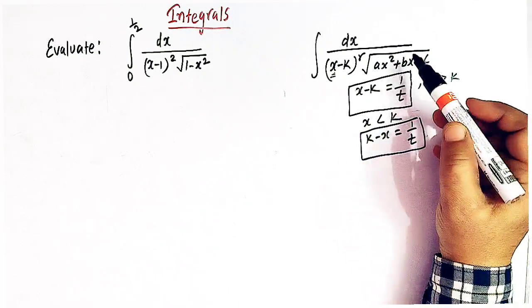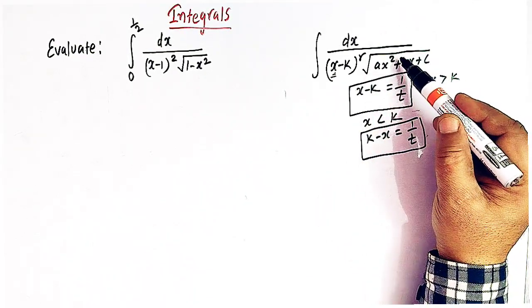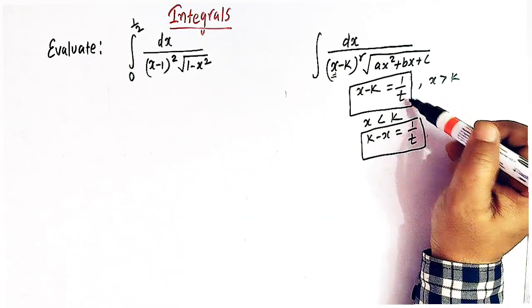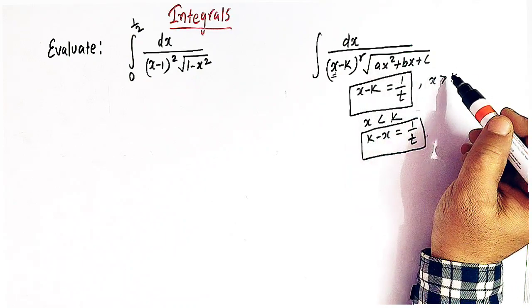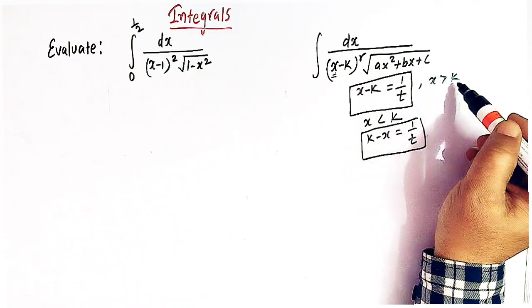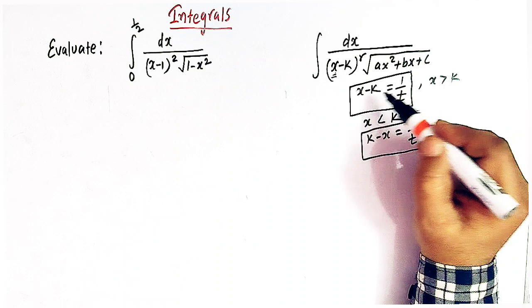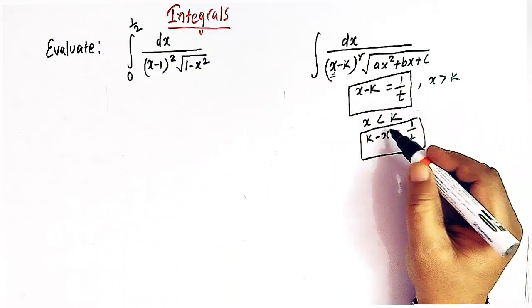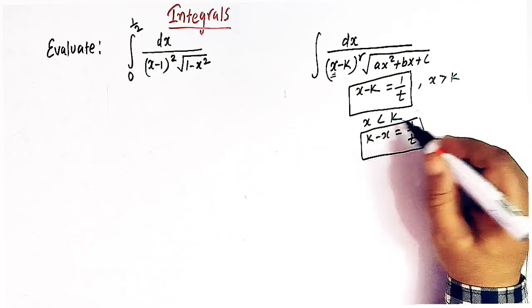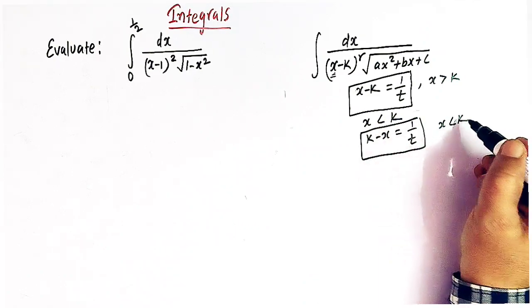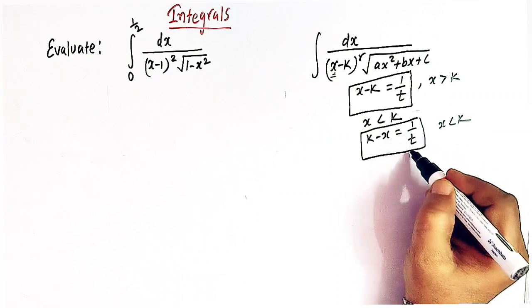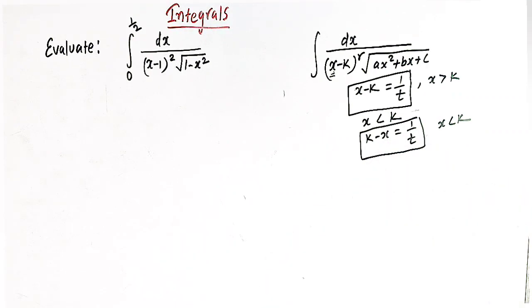So to solve these type of indefinite integrals, we take these two types of substitution depending upon the relationship between x and k. When x is greater than k, we take x minus k is equal to 1 over t, and when x is less than k, we take k minus x is equal to 1 over t.